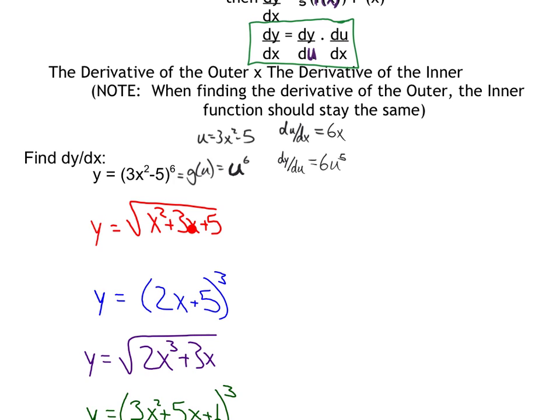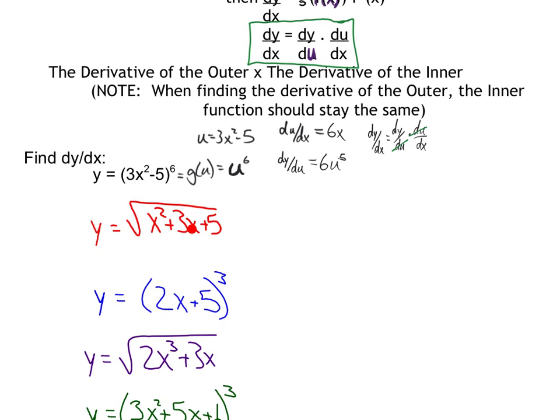Now, here's where the chain rule comes into play. To find dy dx, I'm going to take dy du and multiply it by du dx. Notice here, if I think of this like multiplying fractions, the du's are going to cancel each other out, and I'll be left with just dy dx.